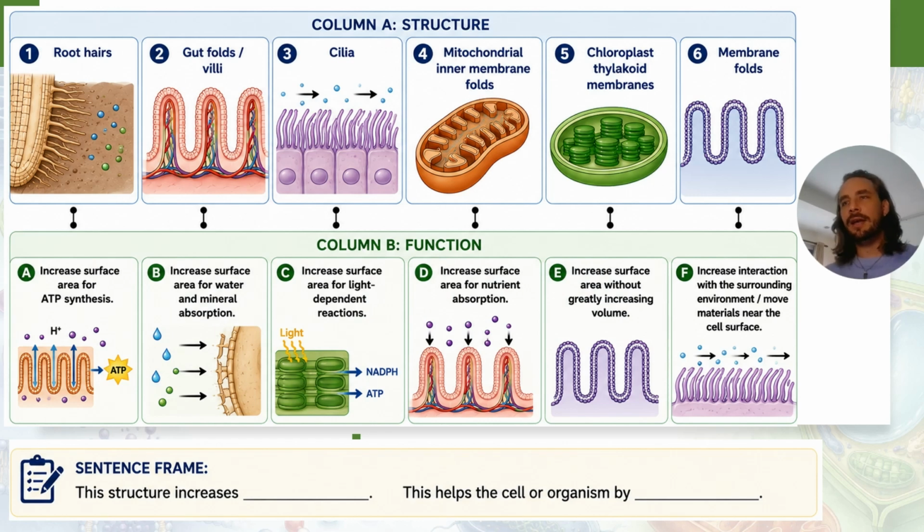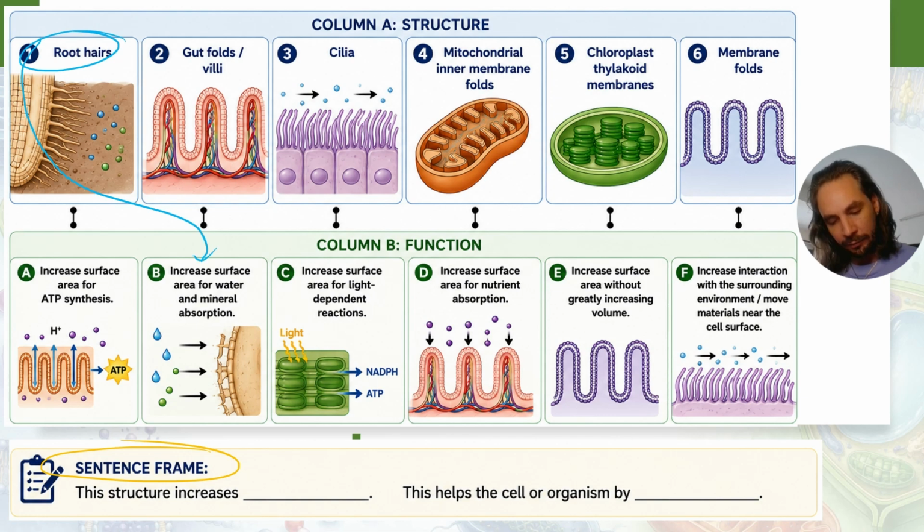Here is a column A, column B type scenario that you can complete. You can pause it and answer these sentence frames, but I'm obviously going to explain it now. The first one is root hairs. Root hairs increase the surface area for water and mineral absorption.